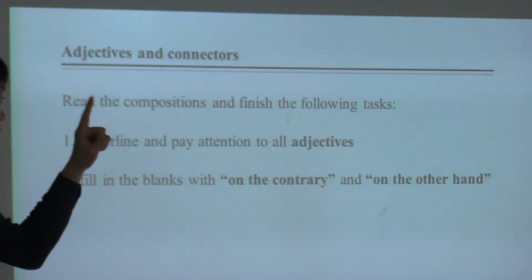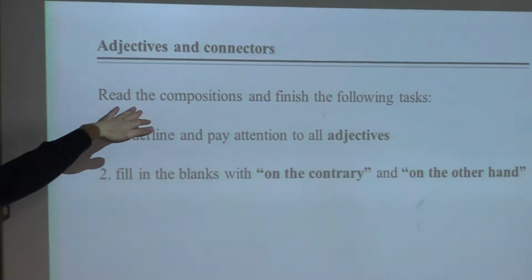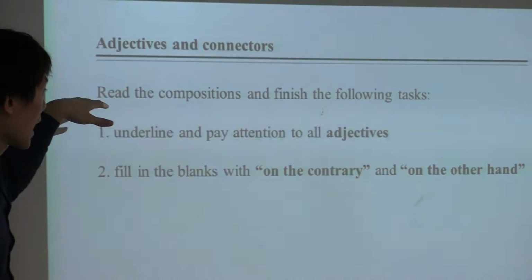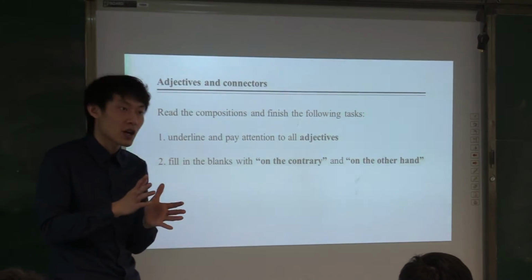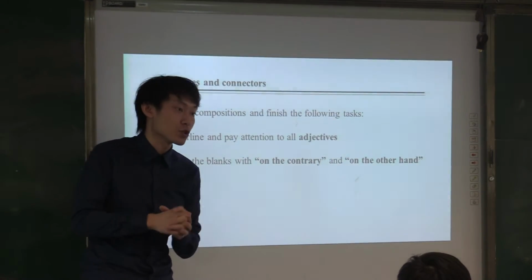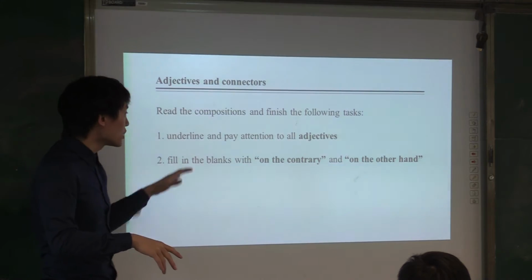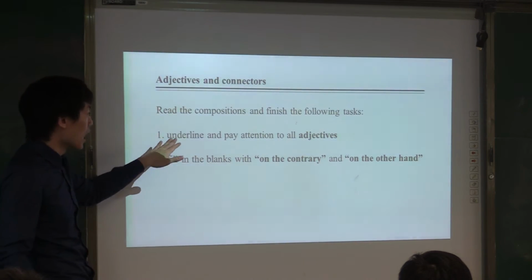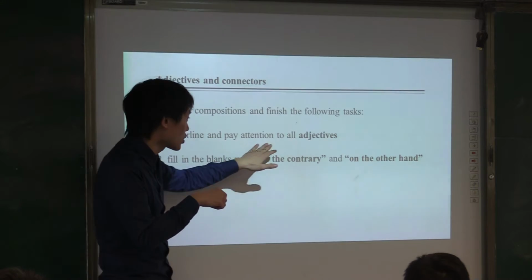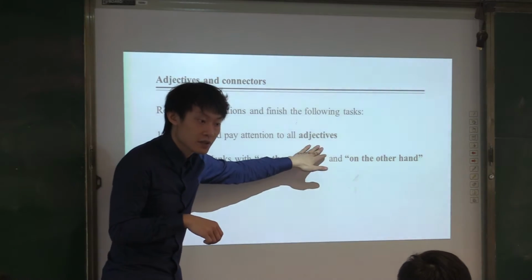Worksheet 1, okay? You need to read the compositions. There are 2 compositions, and finish the following tasks. These compositions are written by, let's say, a Form 1 student. The first task is to underline and pay attention to all adjectives.